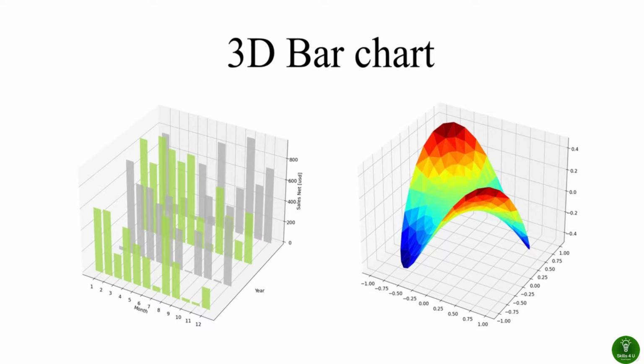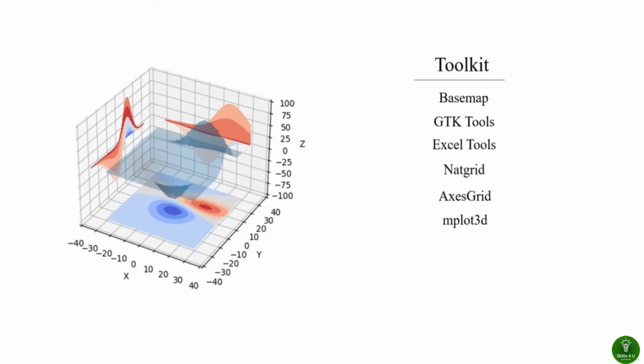However, Matplotlib is mainly focused on plotting and mainly in 2 dimensions. There are different extensions that enable us to plot over geographical maps, to integrate more with Excel, and to plot in 3D. These extensions are called toolkits in the Matplotlib world.